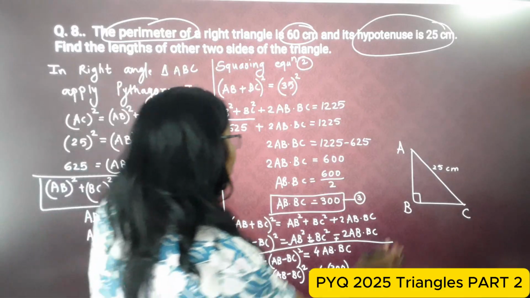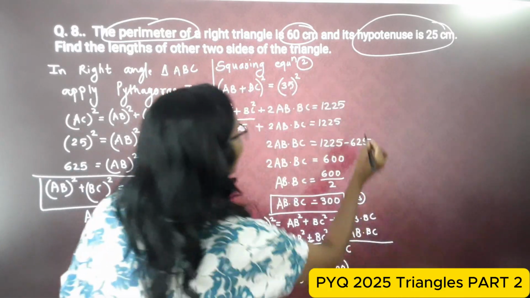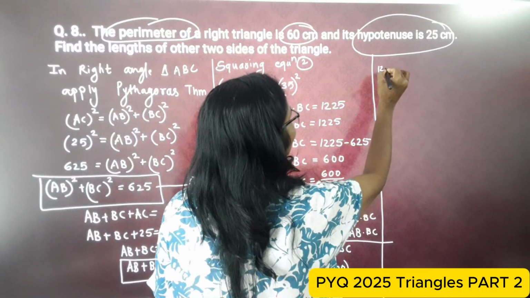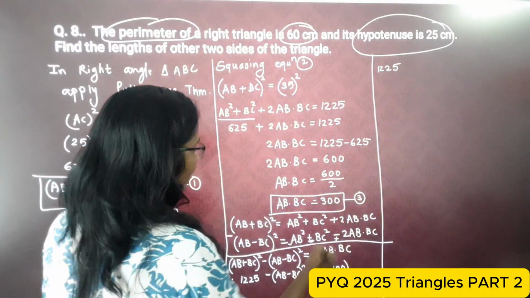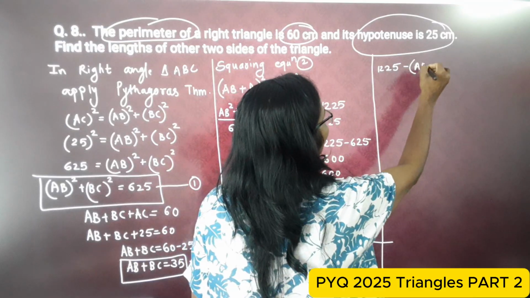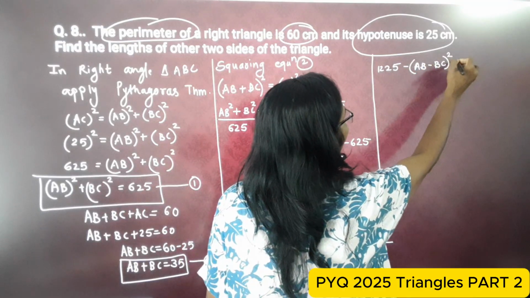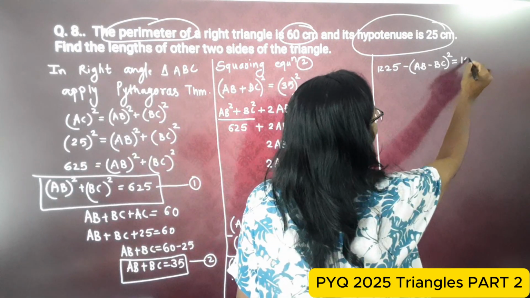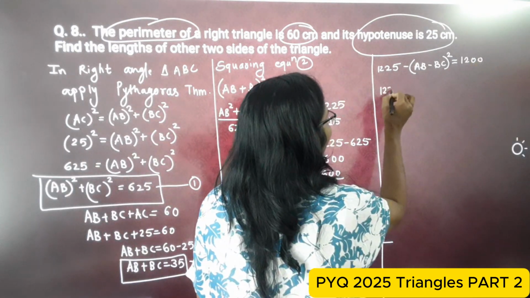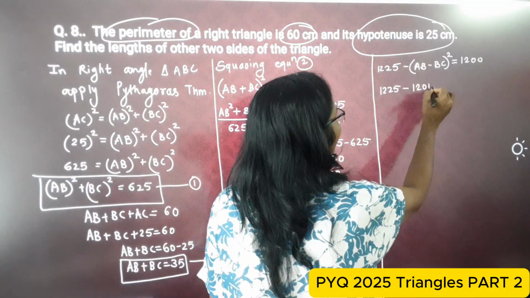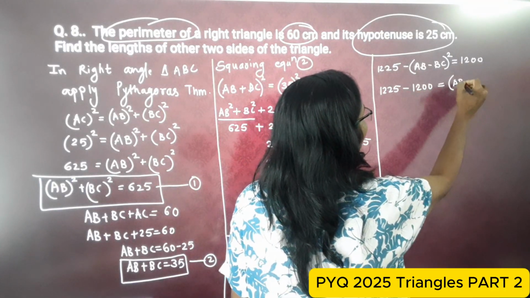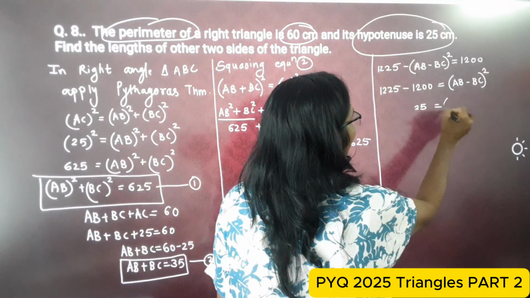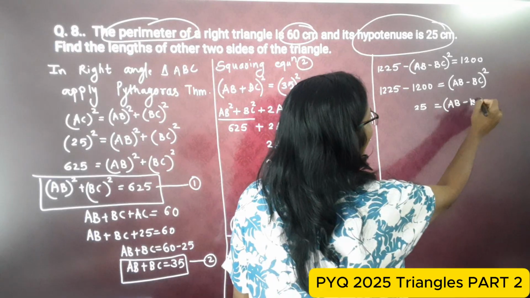So now further we solve it: 1225 minus (AB minus BC) whole square is equal to 4 multiply 300, that is 1200. Okay. So now here students, 1225 minus 1200 is equal to (AB minus BC) whole square. So that means 25 is equal to (AB minus BC) whole square.